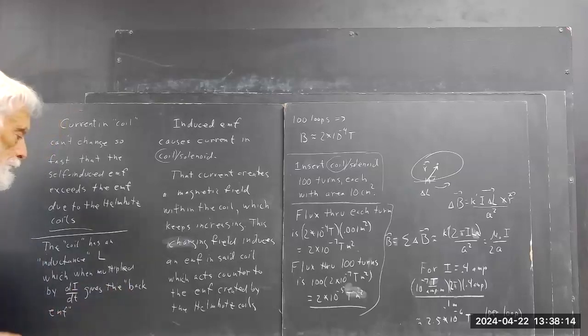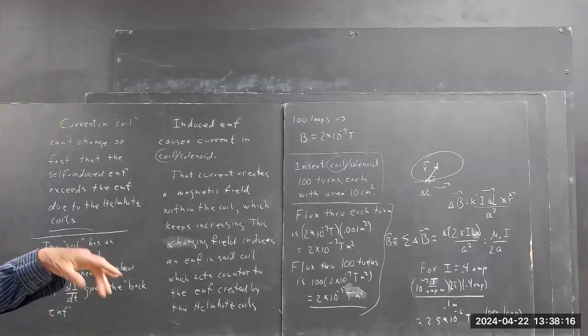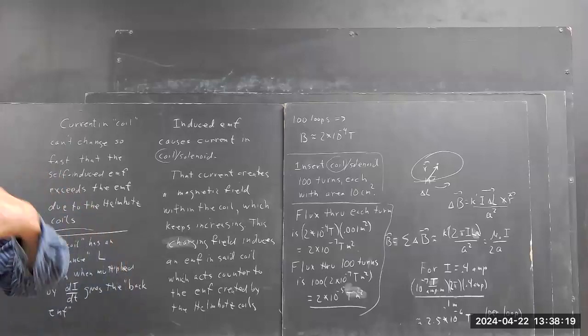The back EMF is EMF that's self-induced in that coil. It tends to resist the increase in current. Okay.